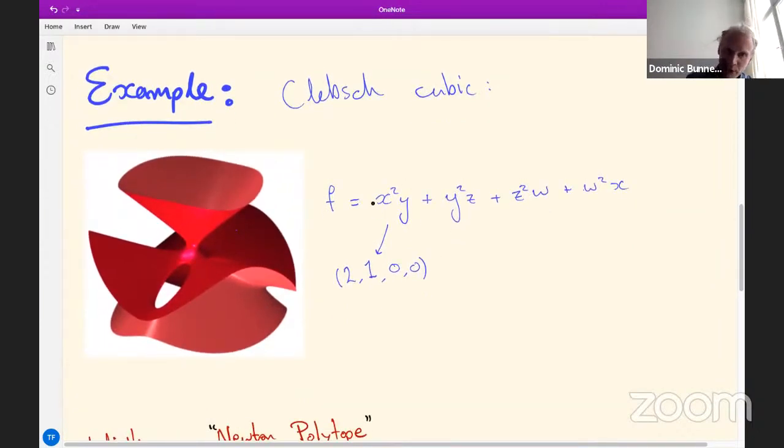So this Clebsch cubic that we saw earlier is the sum of 4 monomials, and we can just write down very quickly the associated vectors here. We've got 2, 1, 0, 0, because we've got z to the power of 0 and w to the power of 0. Here we've got 0, 2, 1, 0. Here 0, 0, 2, 1, and here 1, 0, 0, 2.